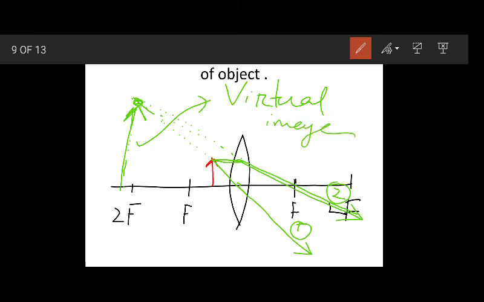When you place the object between focal length and optical center, I will draw this figure again because it is very important for you.